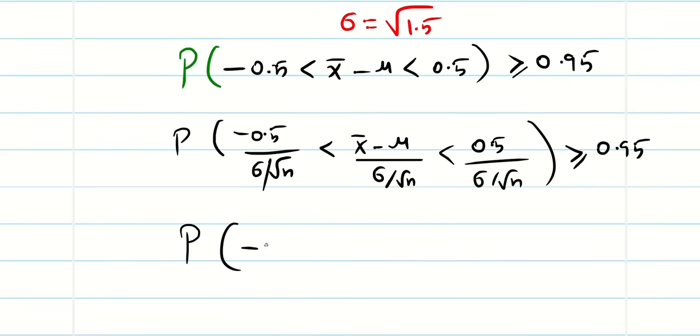So using the calculator, we get the approximate value 0.4082. This 1 by root 10 will go to the numerator and this will become z.